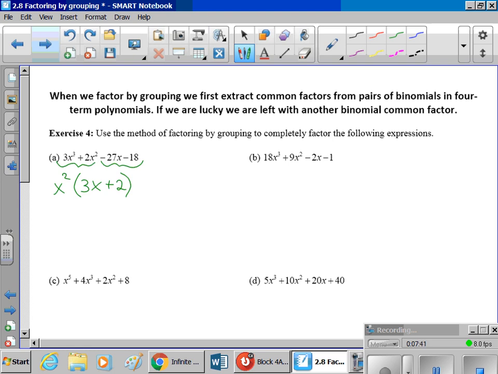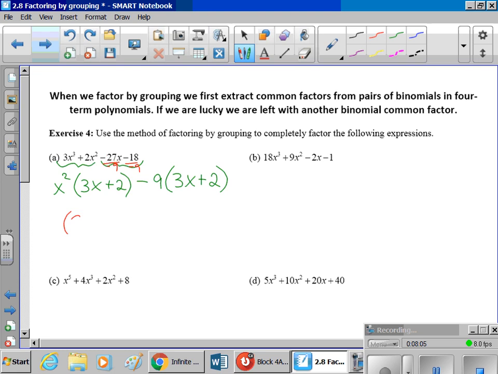But if I factor out a negative 9, then I'm going to get positive 3x plus 2, and that's what I want. I'm looking for that same common binomial. So again, if it's helpful to you, negative 9, negative 9. So you end up with that.